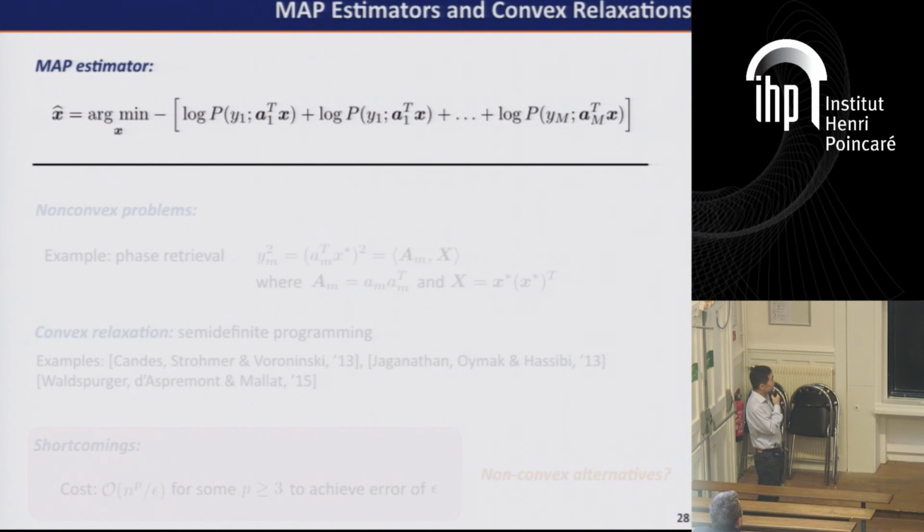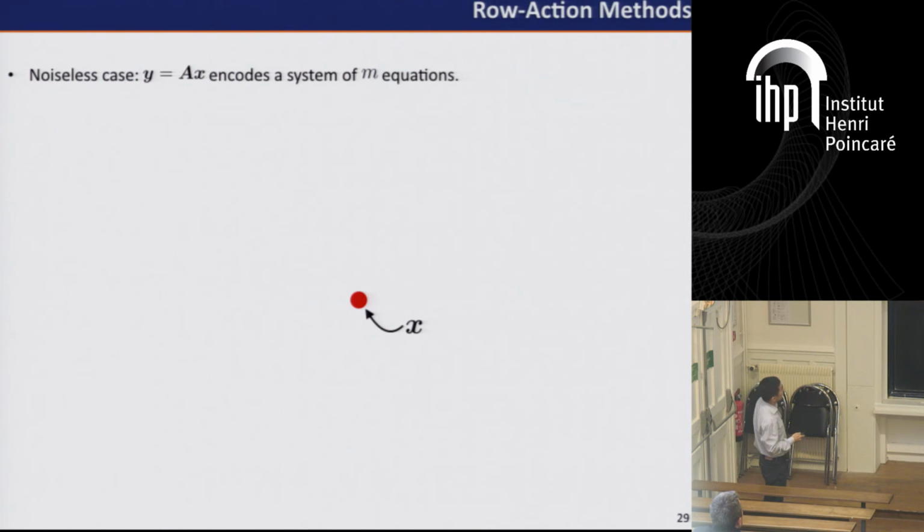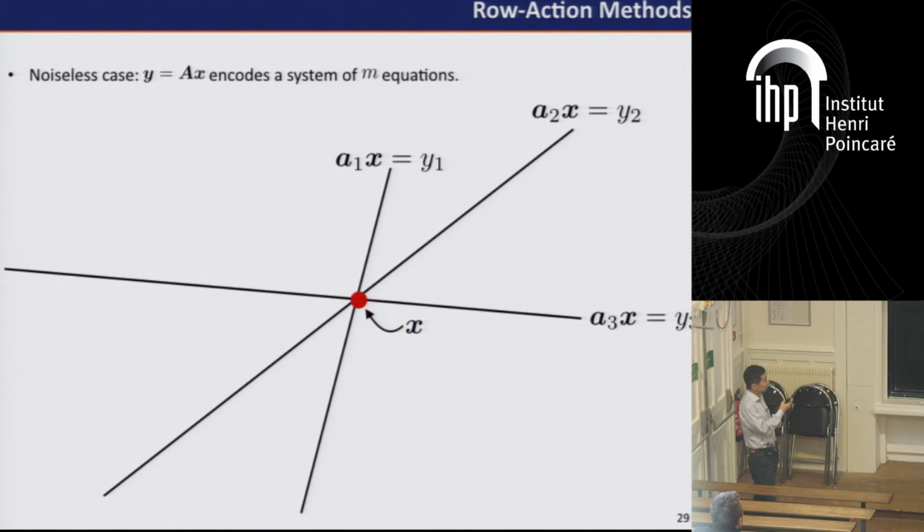Now, I want to just digress a little bit. What are the non-convex procedures that we consider? Remember, this is the linear version. Suppose we have the phase information, we can do iterative projection.